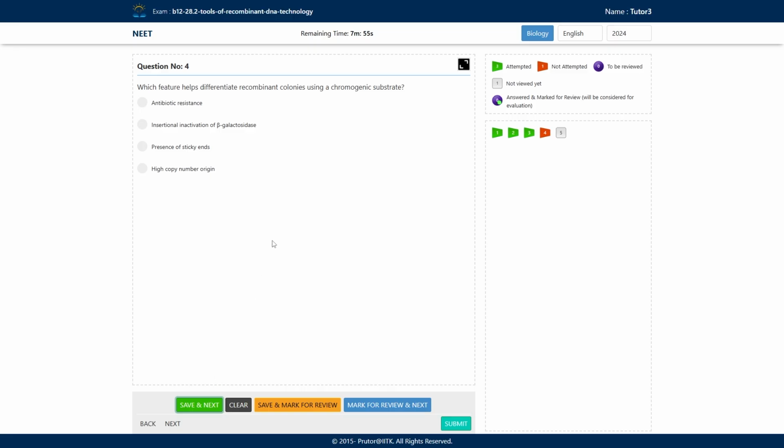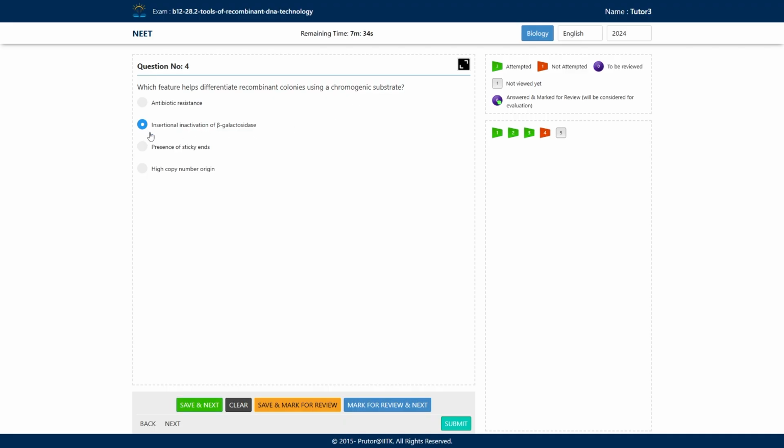Fourth question says, which feature helps differentiate recombinant DNA colonies using a chromogenic substrate? So antibiotic resistance? No. Chromogenic substrate means a substrate which can induce some color difference. Insertional inactivation of beta galactosidase?